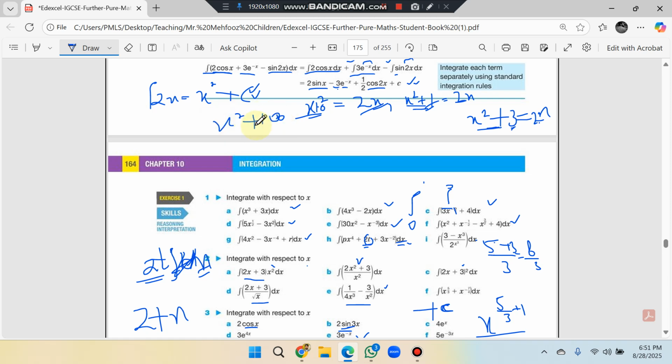Also the derivative of this function is 2x. So this part is missing in the derivative. So to prevent this missing part, we have to use this c in the integration. Do you understand the meaning of c in this integration?